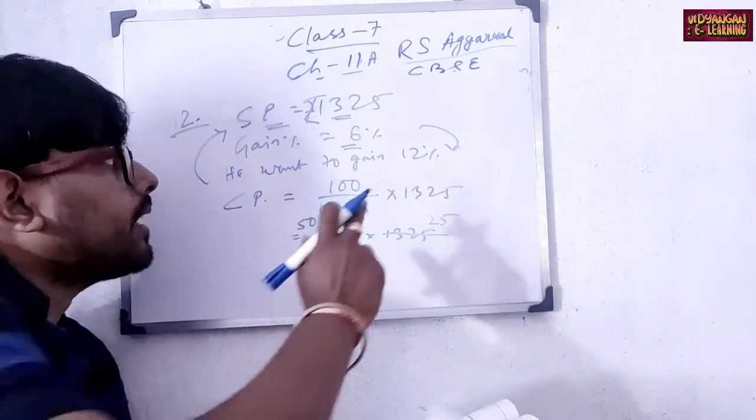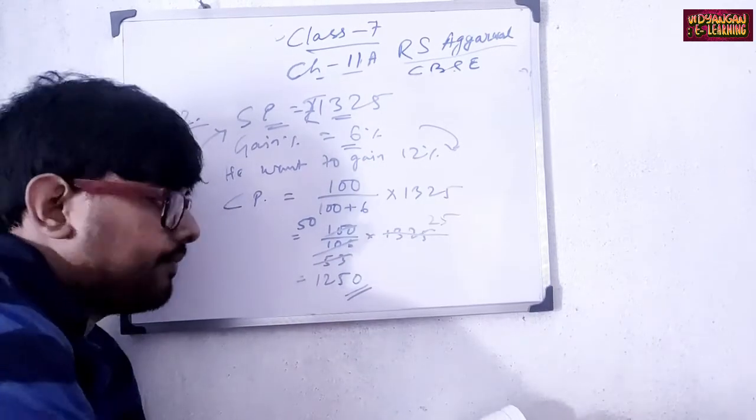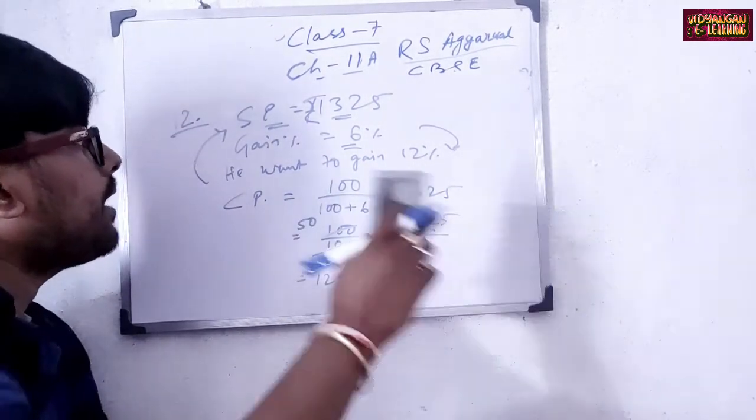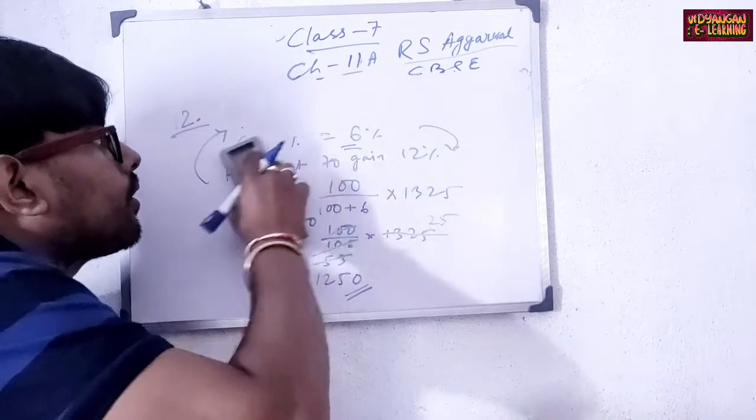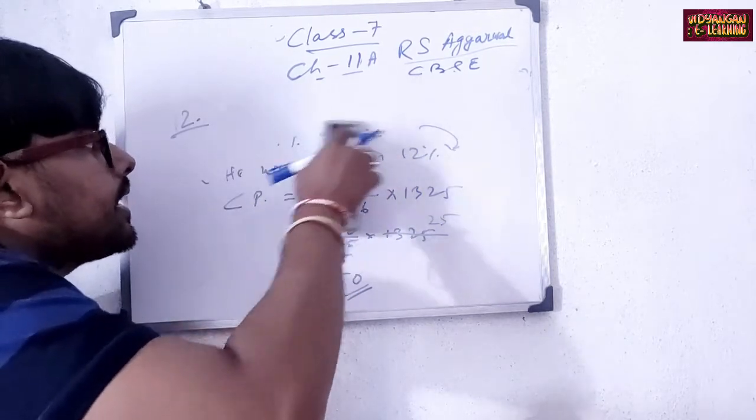Now he wants to make a profit of 12%. So what does he have to do? For how much must he sell it?